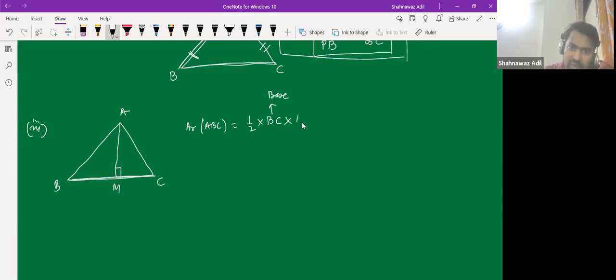So height would be AM, right? Not AC. Similarly, if I choose my base as AB, then I will take my height from the third vertex.